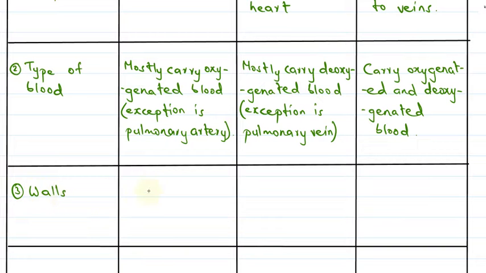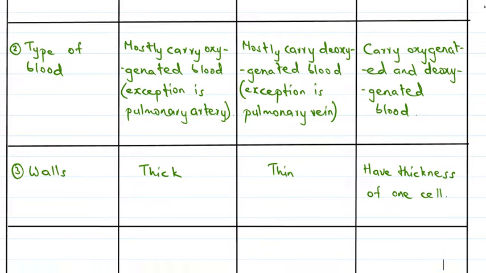So arteries have thick walls, veins have thin walls, whereas capillaries have the thickness of one cell, that is, their walls have the thickness of one cell.